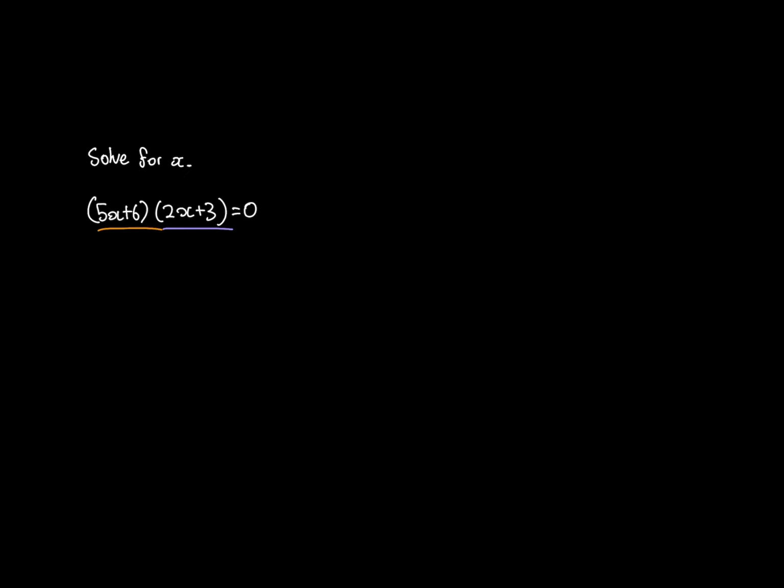This means that either 5x plus 6 equals 0 or 2x plus 3 equals 0.